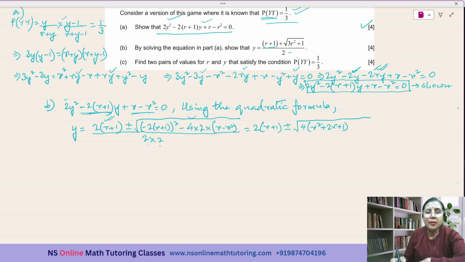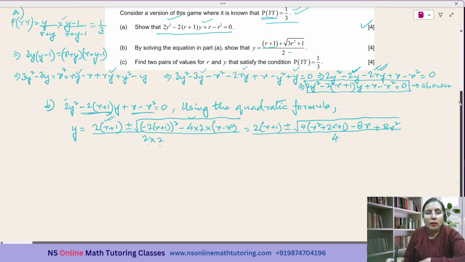You will be getting these three terms after simplification. And then this is 4 times 2 is 8. So it is minus 8r and plus 8r square, divided by 4. Okay.